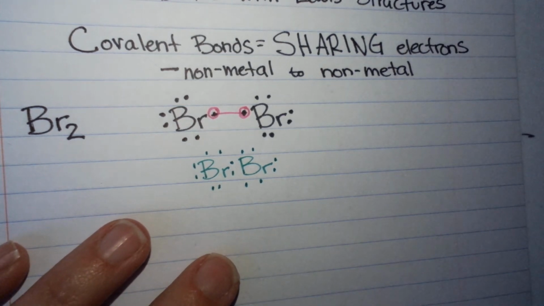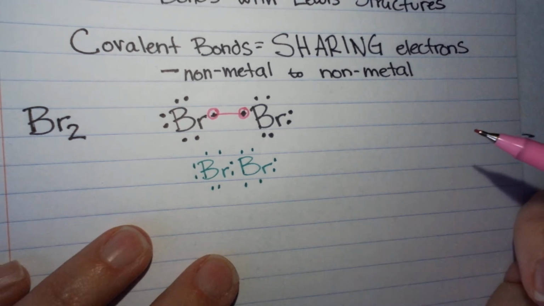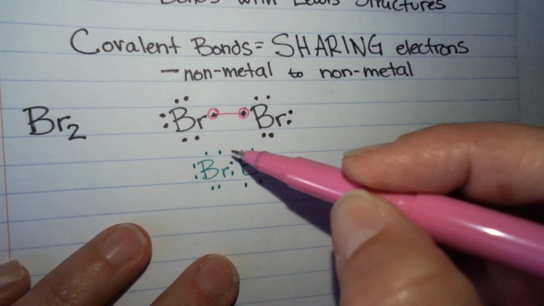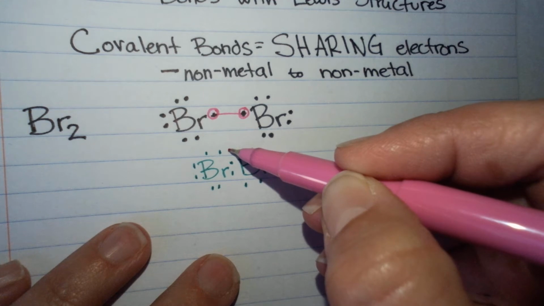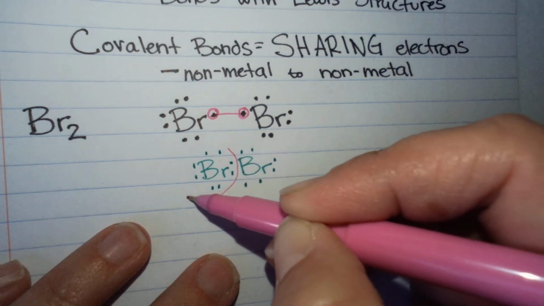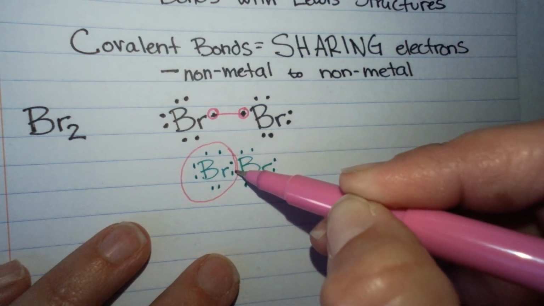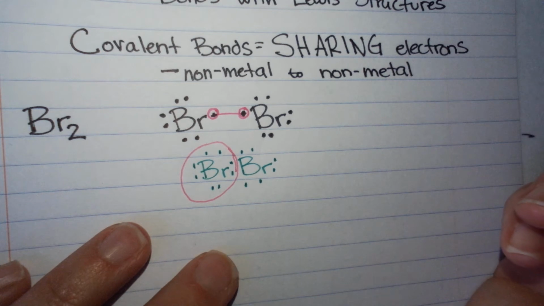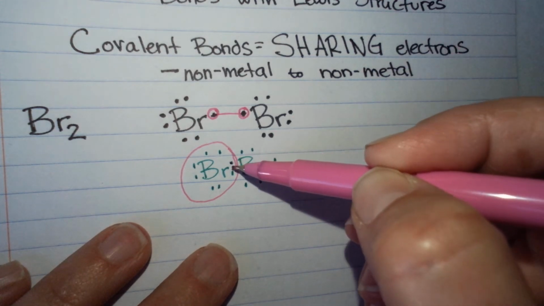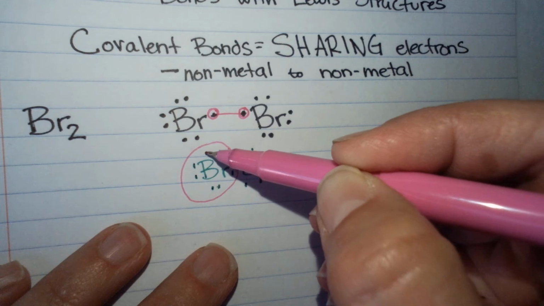What we can notice is that this bromine is going to have these electrons flying around it. So let's count those. 1, 2, 3, 4, 5, 6, 7, 8.